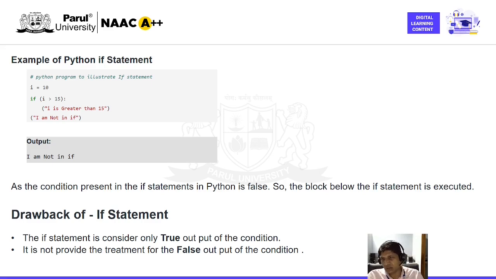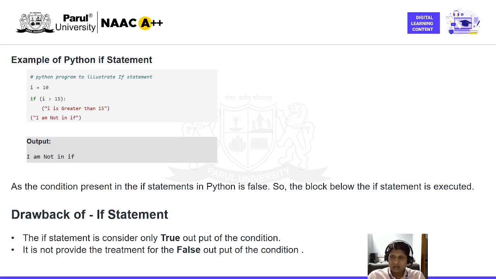The output is because the condition is not true. The output mentioned here is: I am not in if block. Why? The if I is greater than 15 is written in your program, but the block is not executed, because the given condition is not true.